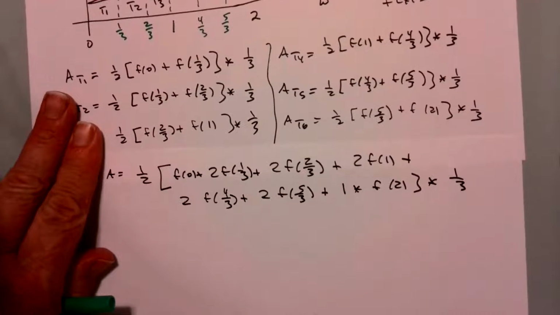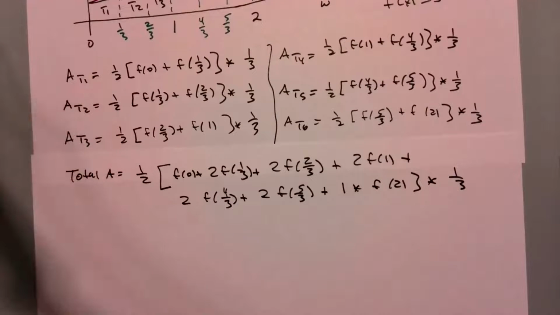So I should be able to get an approximation for this. I'm going to use my graphing calculator here. Again, my function f of x is 3 to the x.